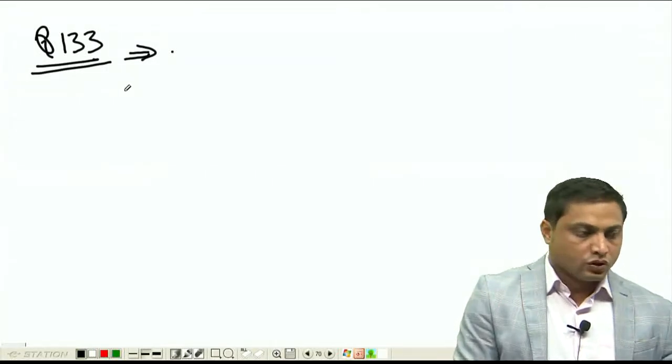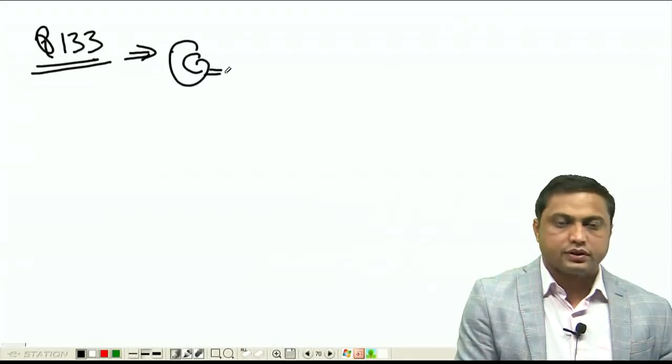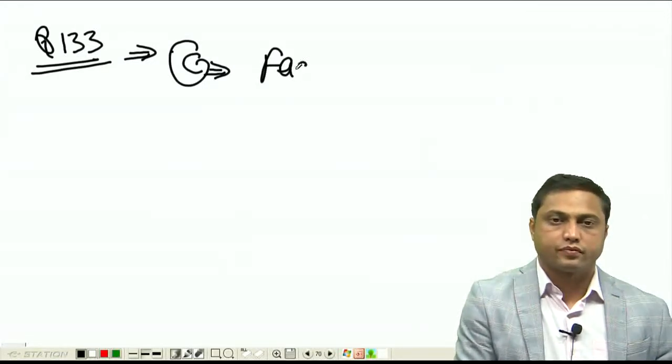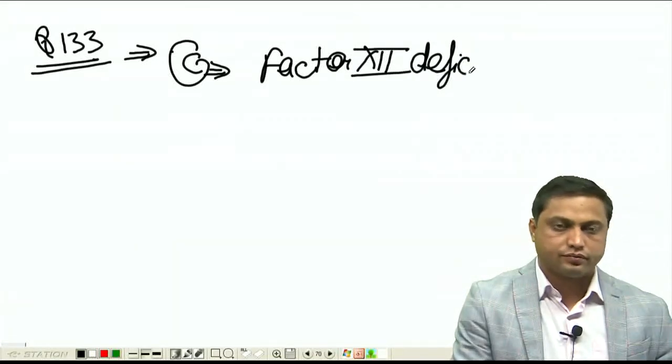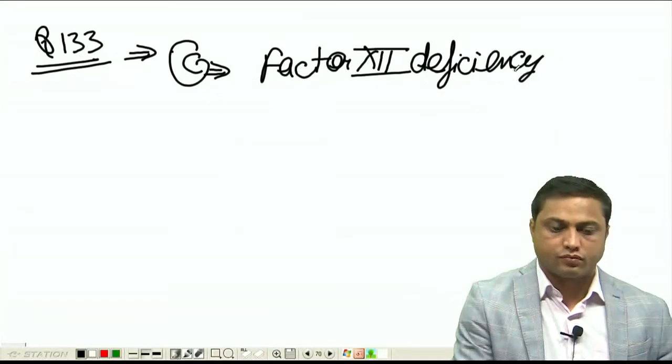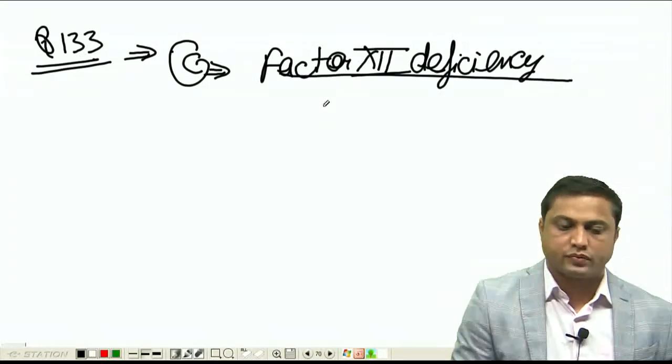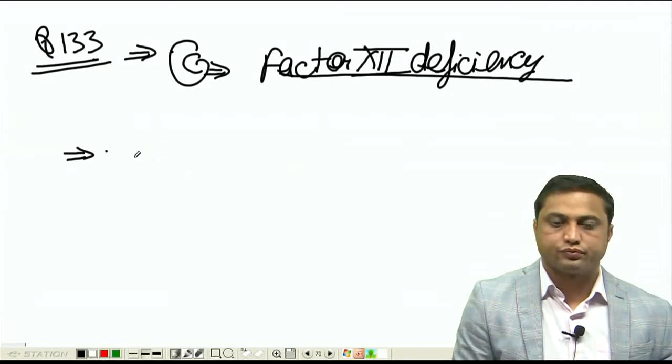Okay. So here the answer will be C, factor 12 deficiency. Now let's discuss why it is so.